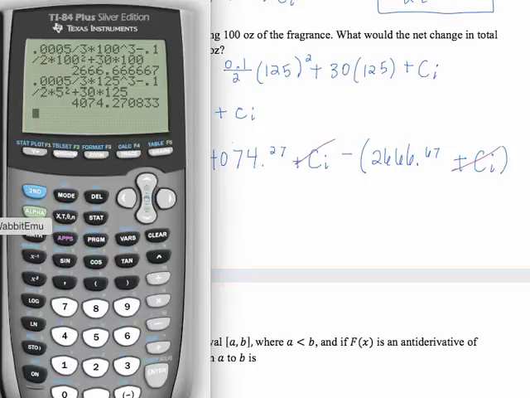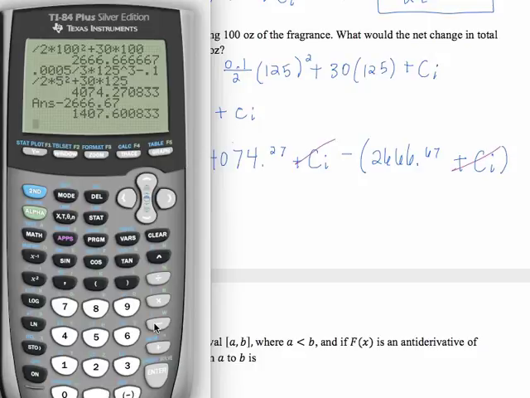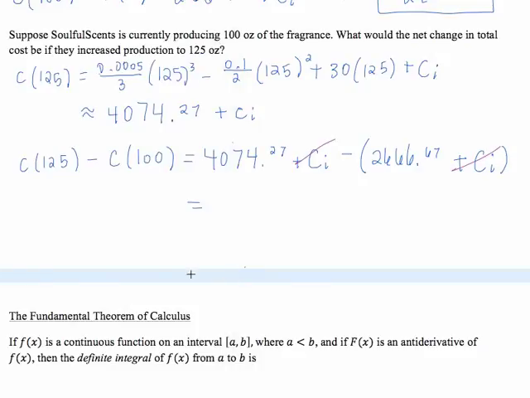For that we subtract that previous answer minus 2666.67, which gives us 1407.60.